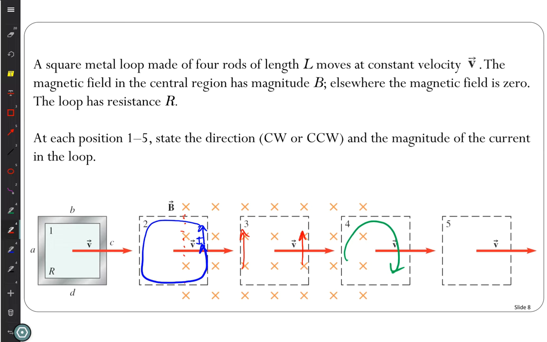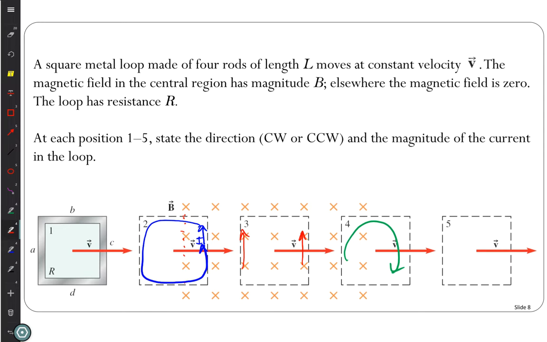Since the magnetic field is getting weaker, the induced EMF is going to supplement the magnetic field here. According to Lenz's law, it's going to be pointing into the slide, and that gives me that direction. So if the magnetic field is getting stronger, Lenz's law says your induced magnetic field is going to oppose it. If the magnetic field is getting weaker, Lenz's law says it's going to supplement the strength.